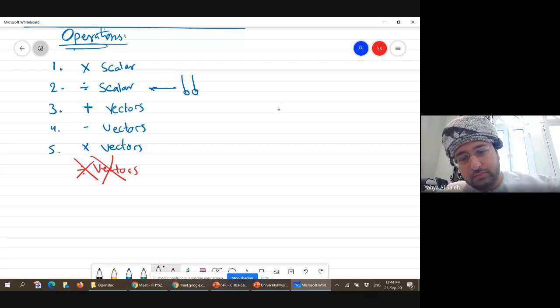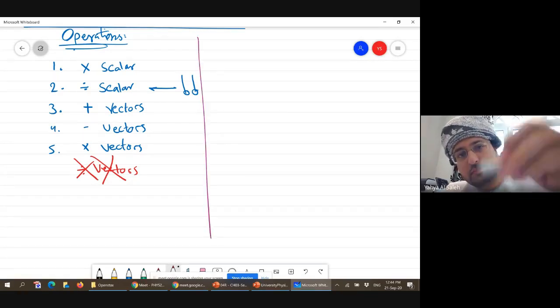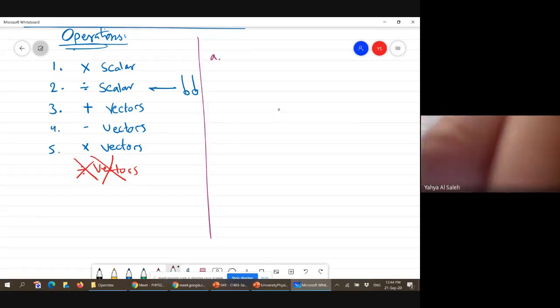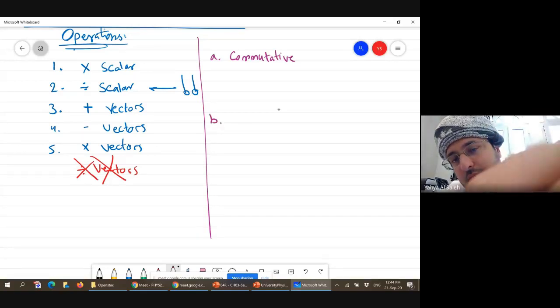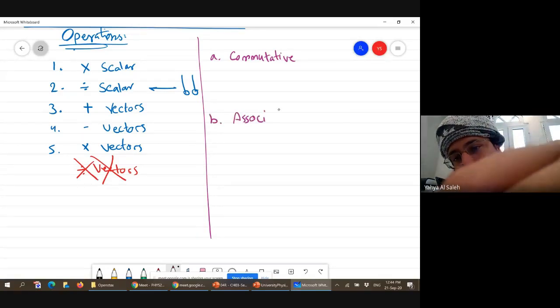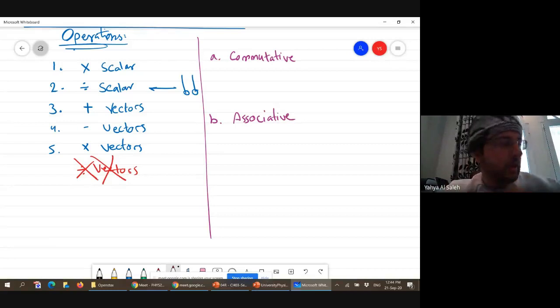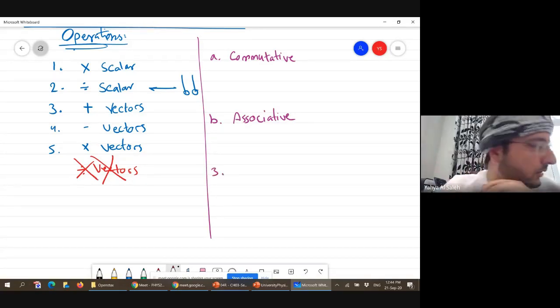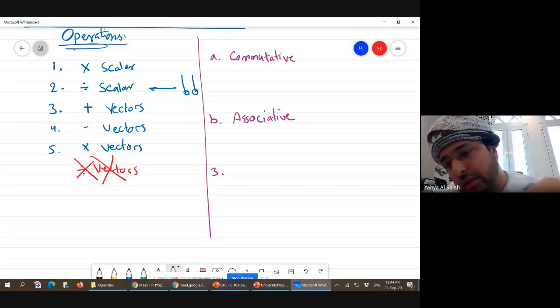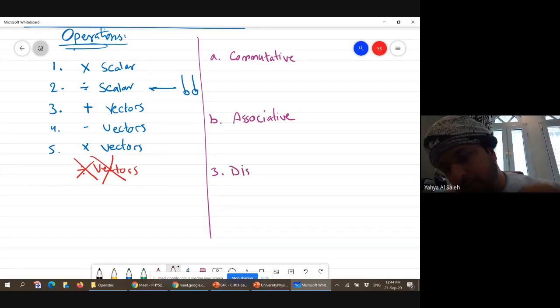Vectors are A, commutative, B, associative, 3, distributive by scalar.